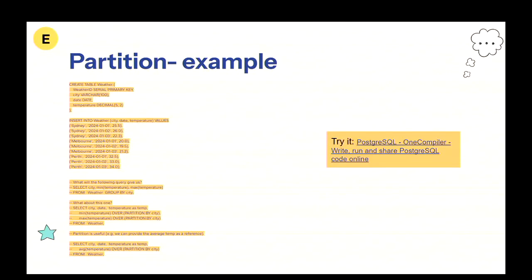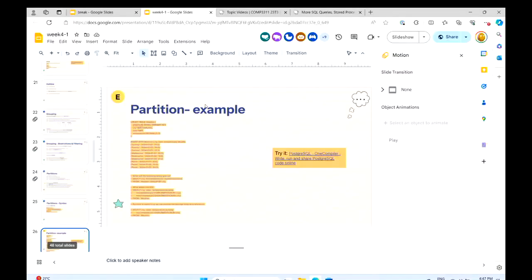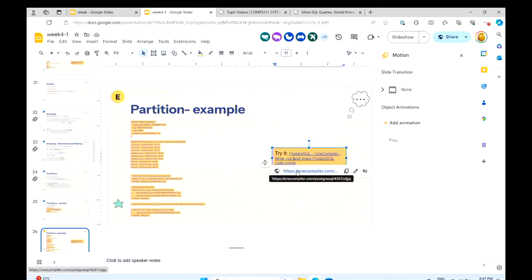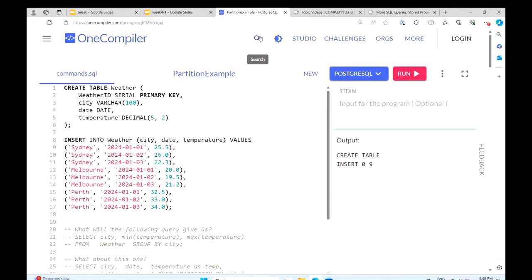Since we already have group by, why do we still need another form of grouping? Remember, group by is to generate summarizations for groups, and partition is to augment individual tuples with group-based values. Let's take a look at this example here.